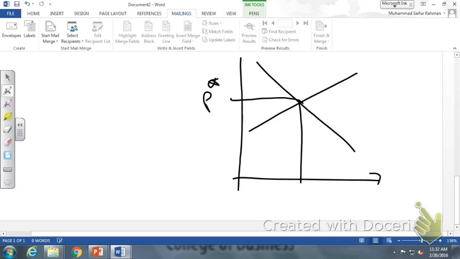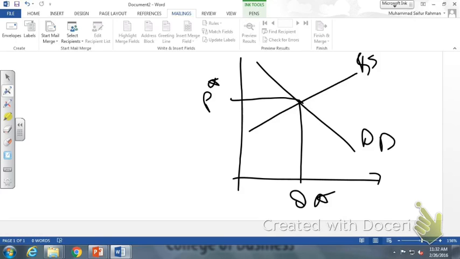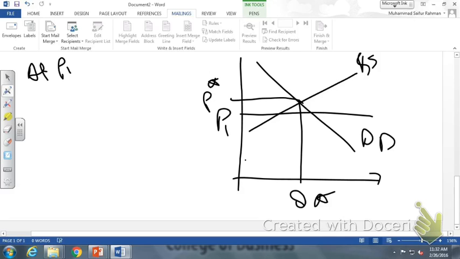If we have the market equilibrium at P star and Q star, supply and demand, rather than set the market price floor at a price higher than market equilibrium price, what if we have it at P1? So at price floor P1, what happens?